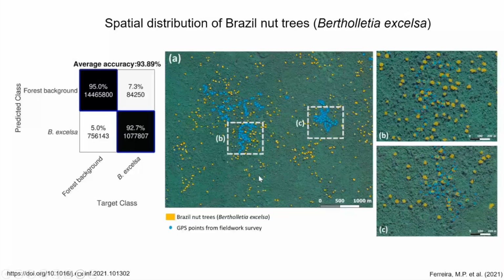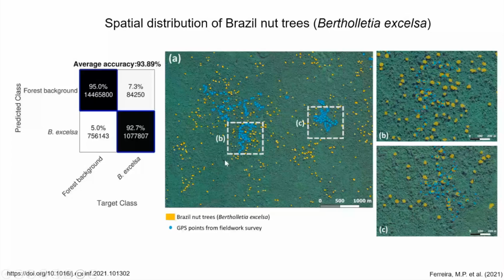This is very important information for the local communities, because they can identify the most productive groves or patches, and it's also very important to optimize the seed collection.